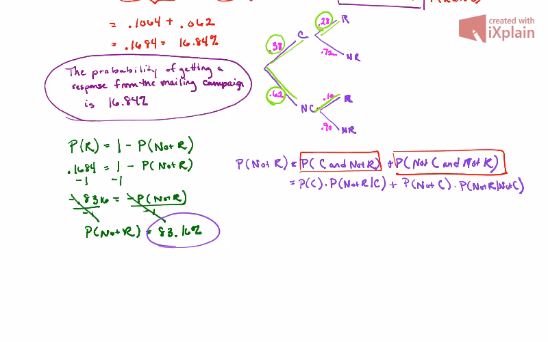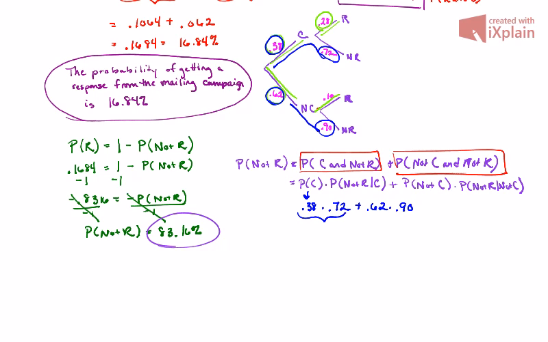Okay, I'm going to go ahead and denote our pathway in blue using the tree. So again, the probability of having a credit card is 0.38 times the probability of not responding given that you have a credit card, which is 0.72, plus the probability of not having a credit card, 0.62, times the probability of not responding given that you do not have a credit card, which is 90%.